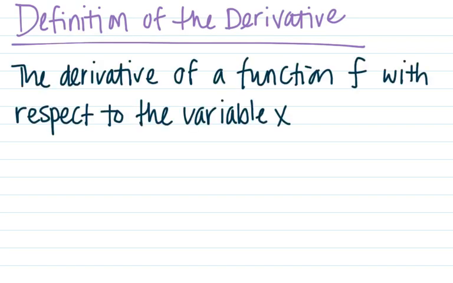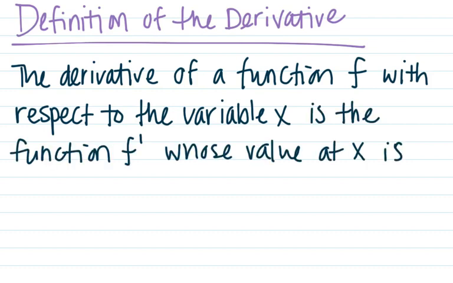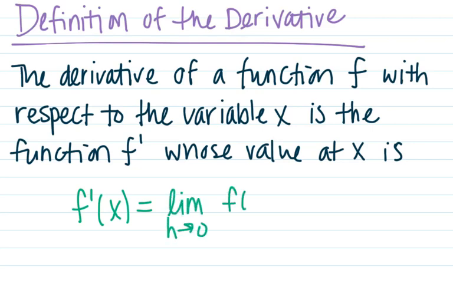So the derivative of a function f with respect to the variable x is the function f prime, which we notate with this little apostrophe mark, whose value at x can be expressed as f prime of x equals the limit as h approaches 0 of f of x plus h minus f of x all over h.